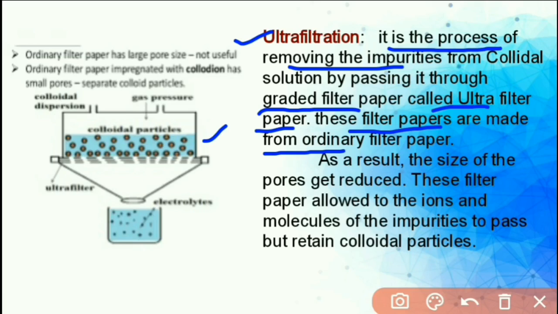So when ordinary filter paper is impregnated with the colloidal solution, as a result the pores reduce and it can pass only the molecules and ions of dissolved impurity.